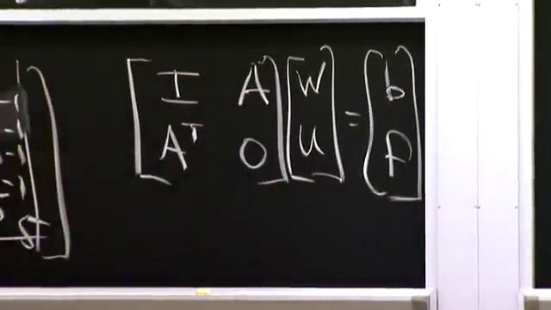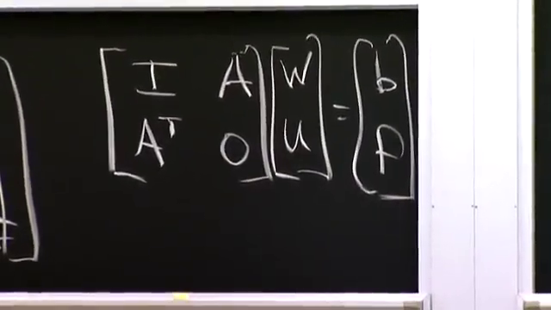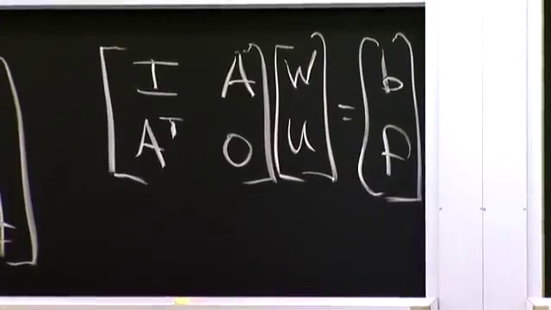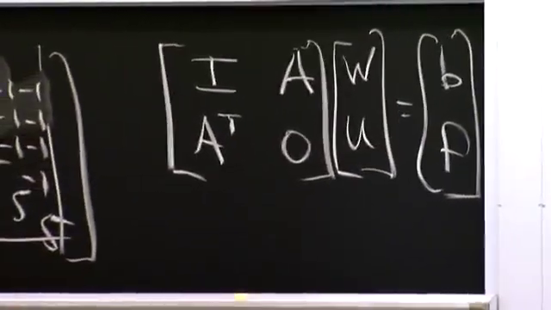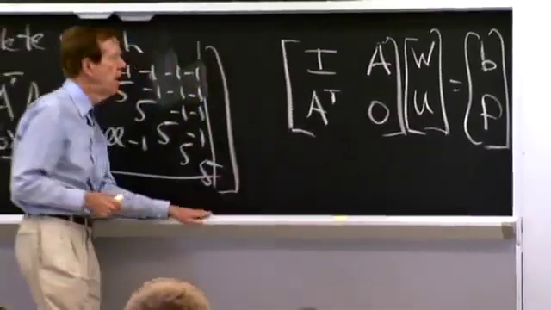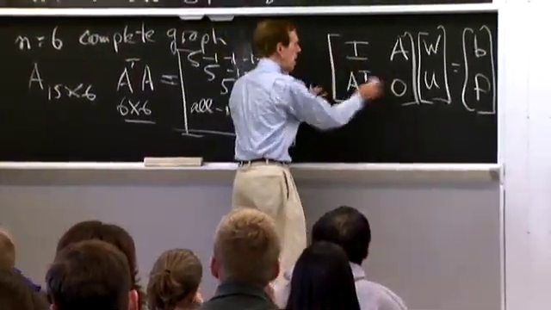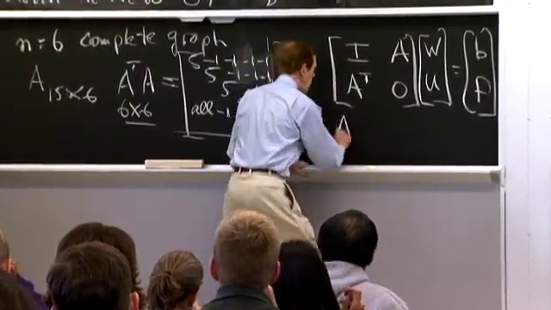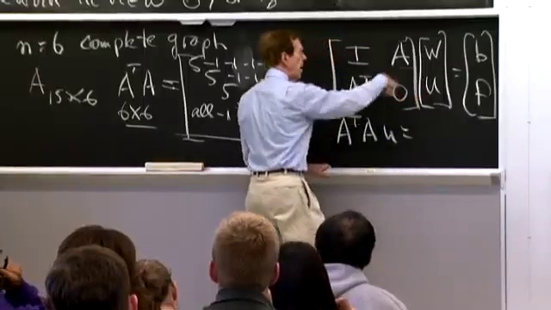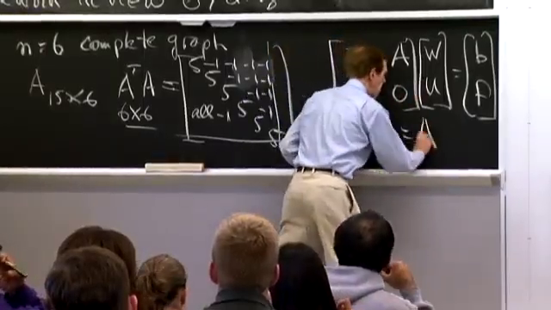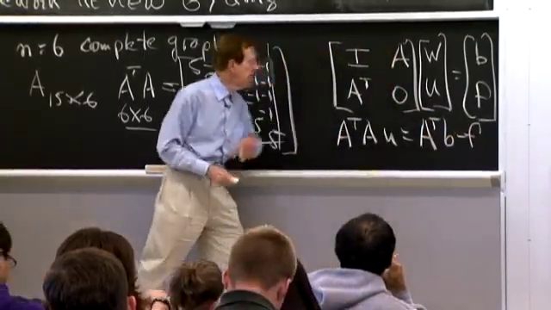Yeah. I just mentioned that again. It was in Friday's lecture, and it's in the book, but I often refer to this as the fundamental problem of numerical analysis: how do you solve that system? And of course, elimination is one way to do it. When I eliminate W, that will lead me to the equation A transpose A U equals, I think, A transpose B minus F, C being the identity there.